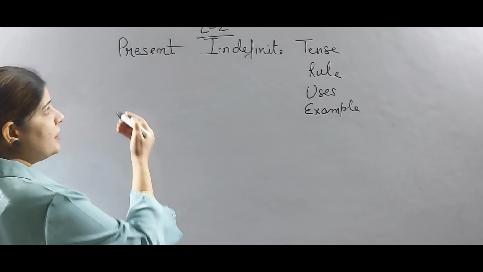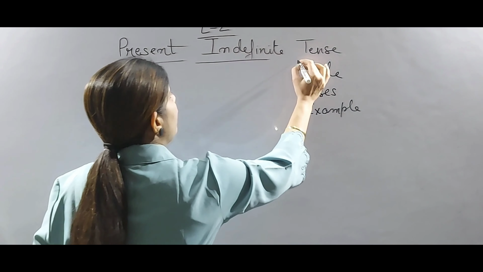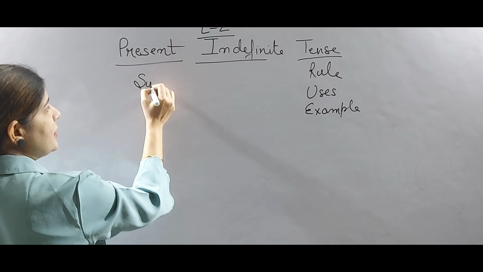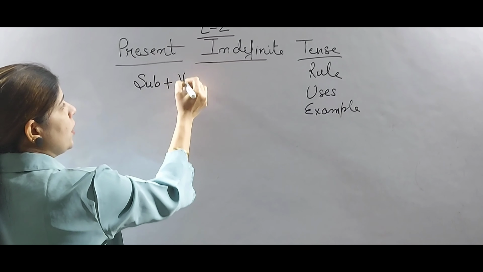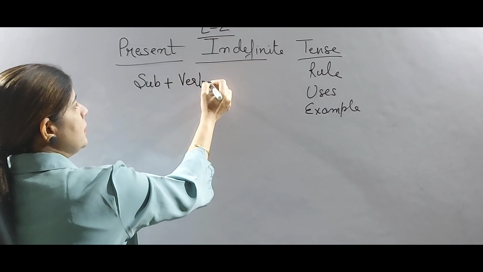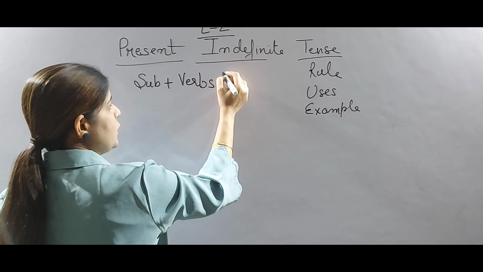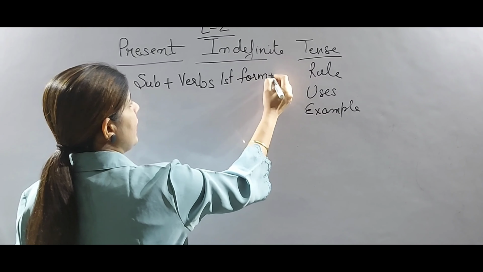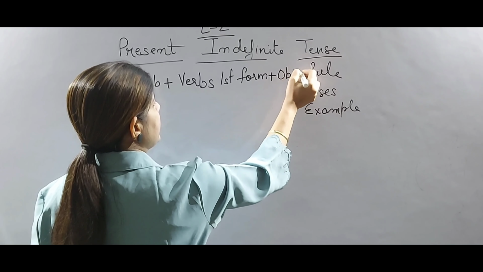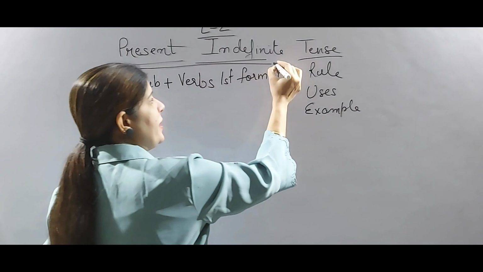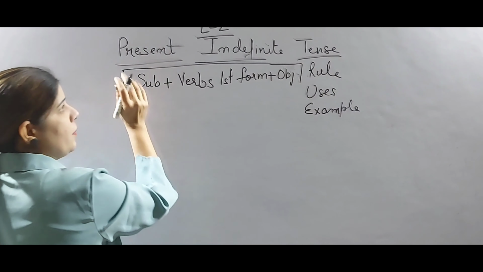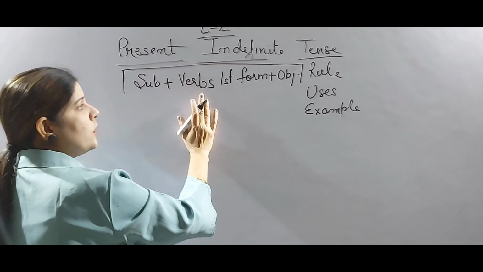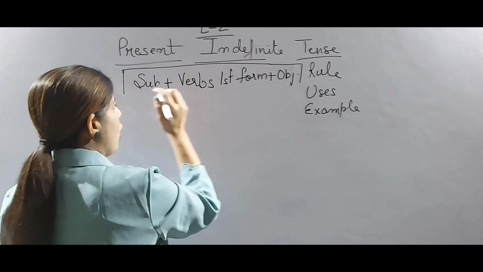The rule says that we frame sentences in subject, verbs, first form and object. So, the rule of framing sentences in present indefinite tense: subject plus verb first form and object.